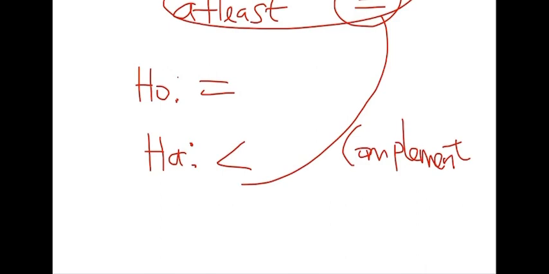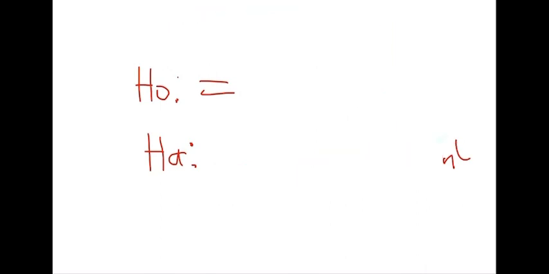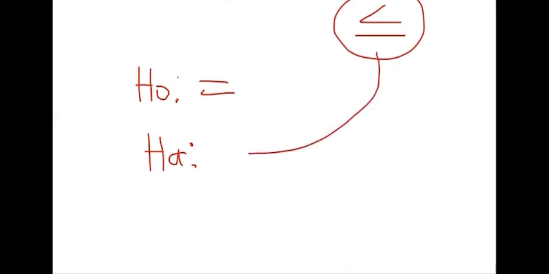Now, I'm going to give another one. Let's say in the question they mention at most. What do we mean by at most? Mathematically speaking, it is less or equal to. What is the complement of this? That would be greater than in the alternative.